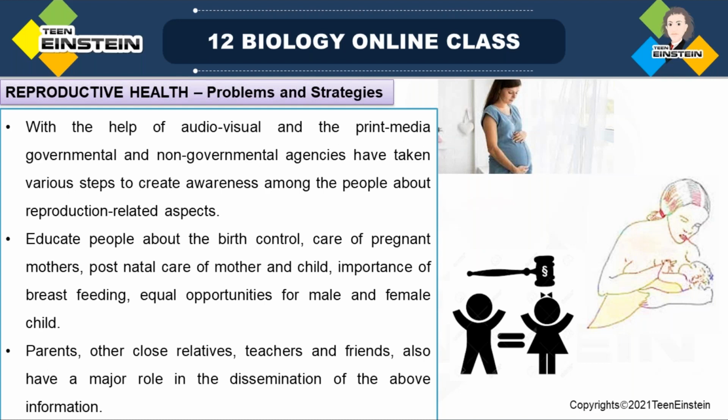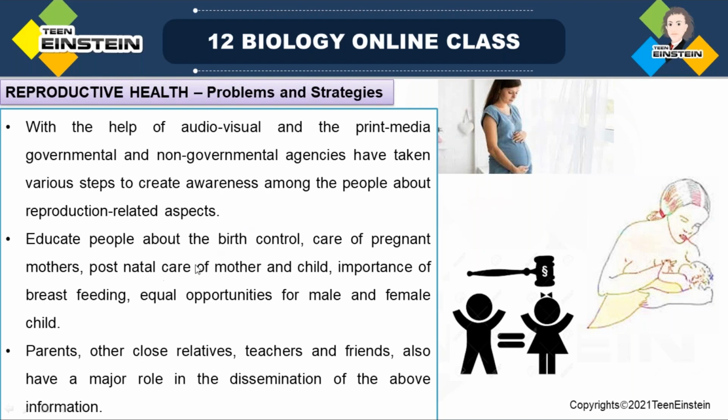Parents, teachers, and friends all have a good role in this, right? Those who have very good knowledge of these topics should share that knowledge with society. So with the help of audiovisual and print media, governmental and non-governmental agencies have taken various steps to create awareness among the people about reproduction related aspects.